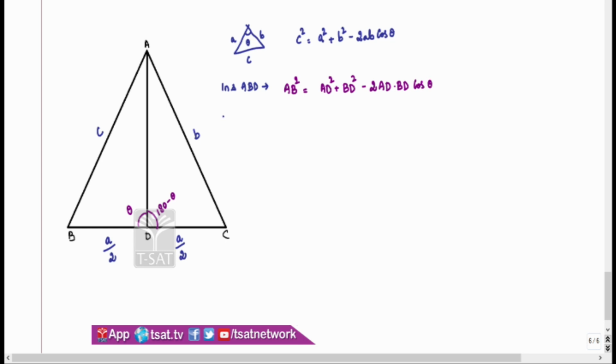In the same way, in triangle ADC, AC square is equal to AD square plus DC square minus 2 into AD into DC cos 180 minus theta.